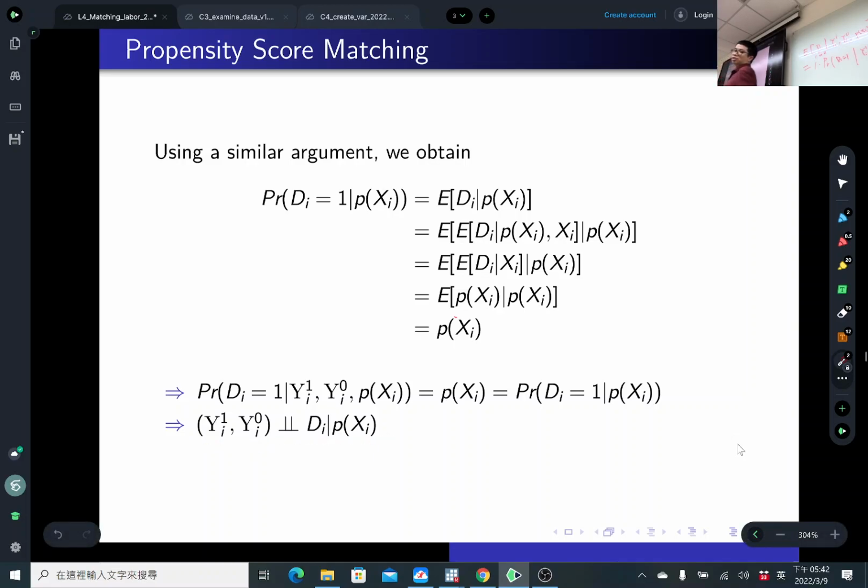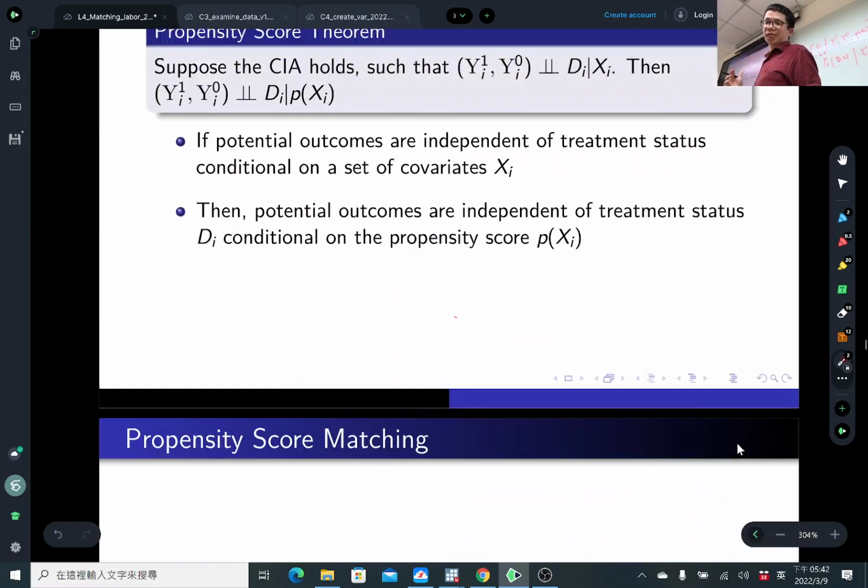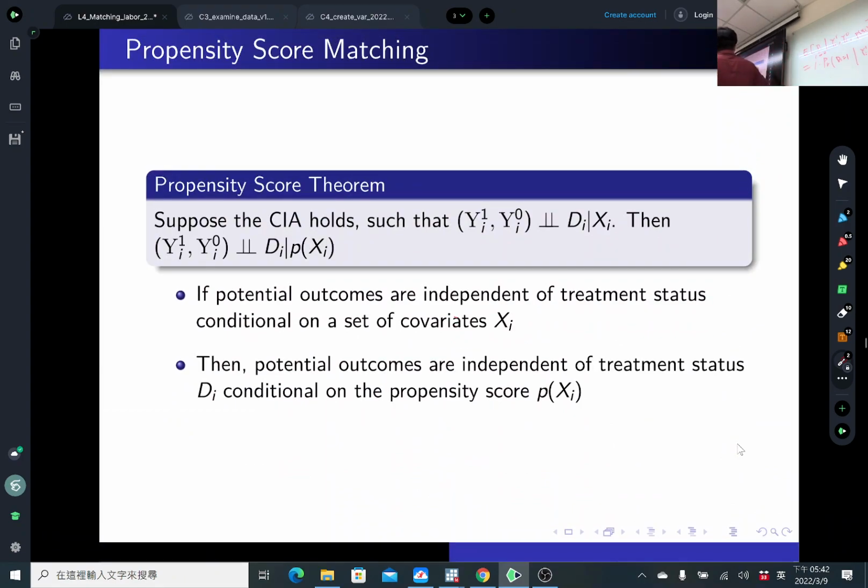Okay. So the intuition is the propensity score is a function of X. Basically, this propensity score, just one single number, can summarize the information within these k variables. So that's why you don't need to directly control X. You just control this single number.